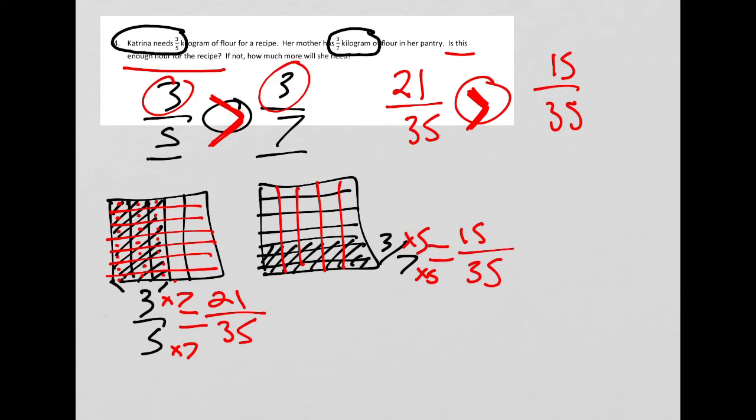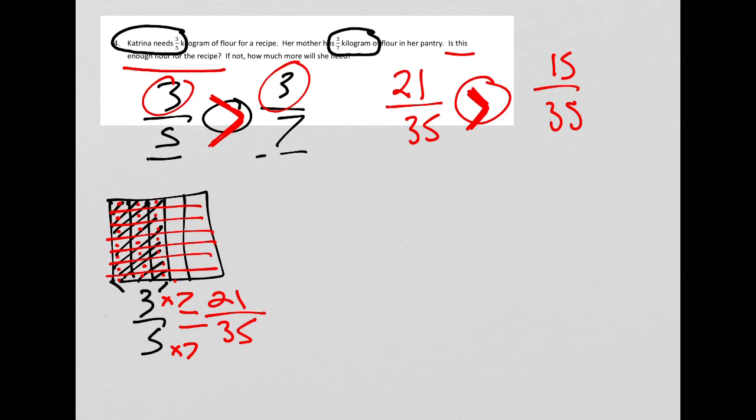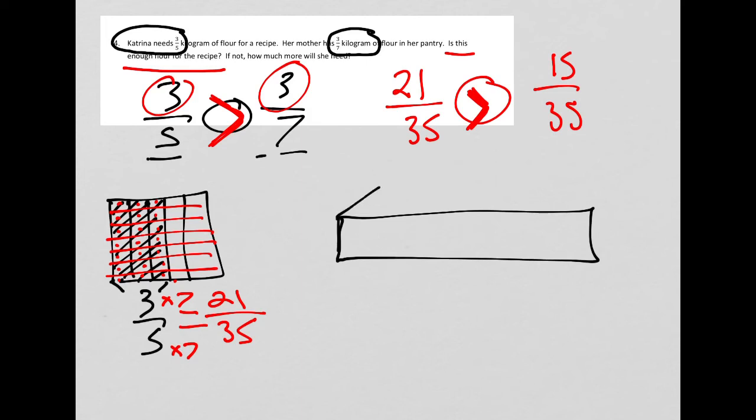So if she needs 3/5, if she needs 21/35, I need a little space here. I love to draw tape diagrams when we're doing word problems like this. So Katerina needs 21/35.